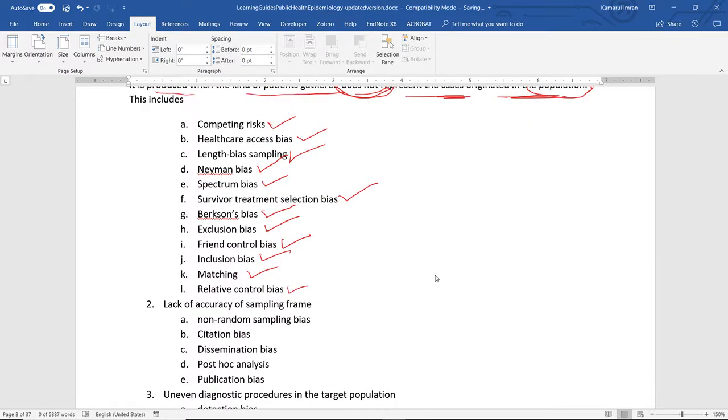Relative control bias. This one is what? Friend control, using your friend, using your relative.